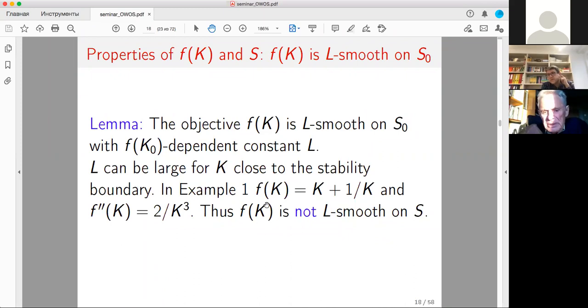For instance, in our one-dimensional example, the function has this form. The second derivative is that one, and definitely it's unbounded for positive k. So the function is not L-smooth on the entire domain. Okay.